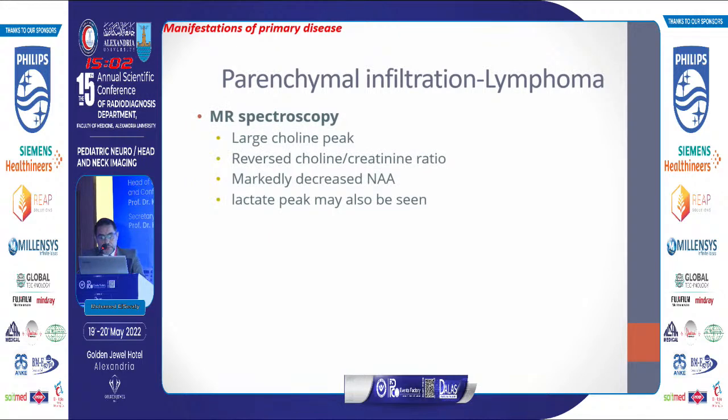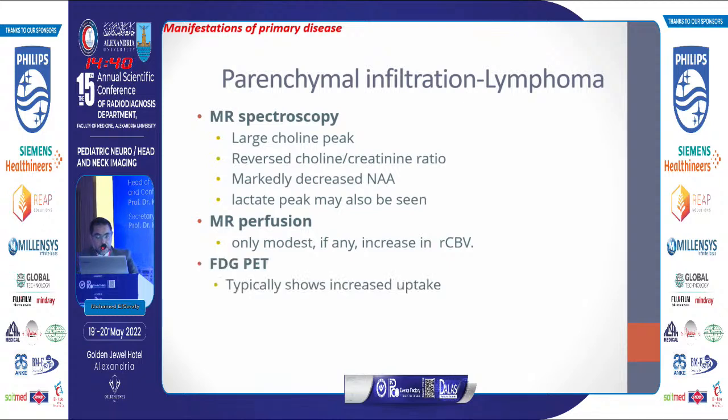Also, MR spectroscopy shows large choline peak, reversed choline creatine, and markedly decreased NAA. And on perfusion, the lymphoma showed iso or slightly hypoperfusion, and if it showed hyperperfusion, it will be much less than expected for high-grade glioma and metastasis.